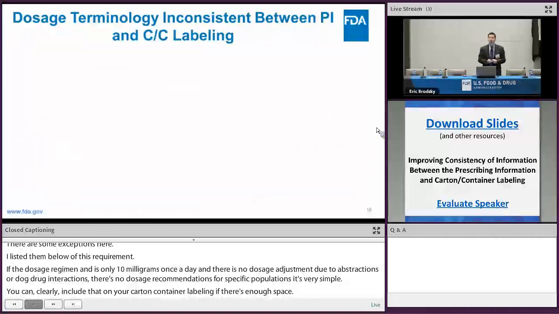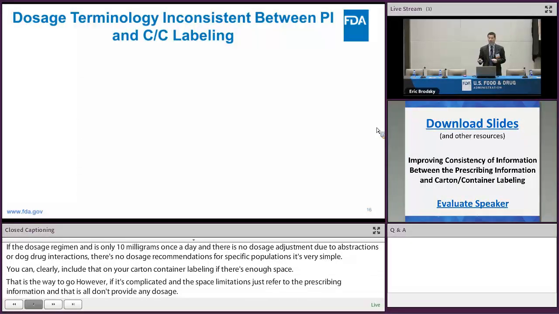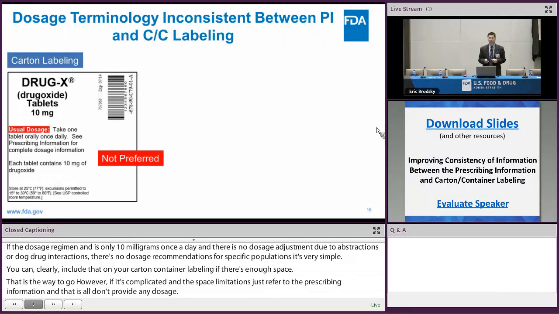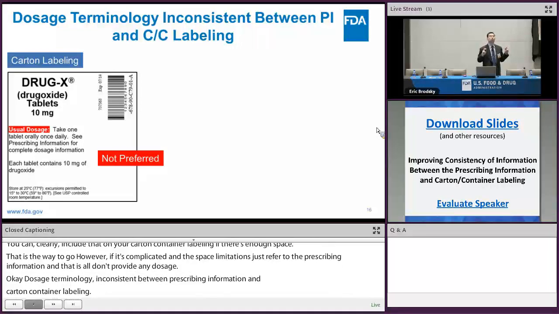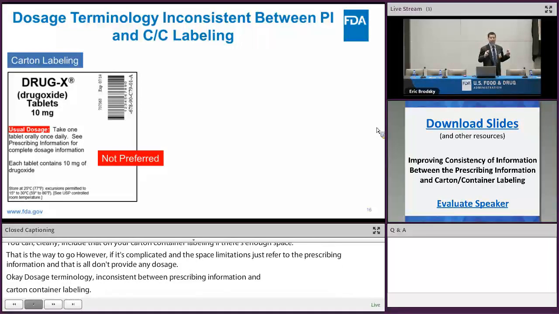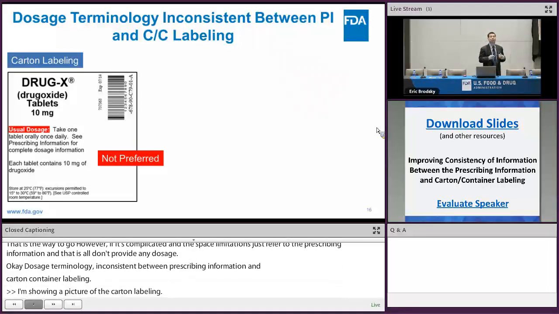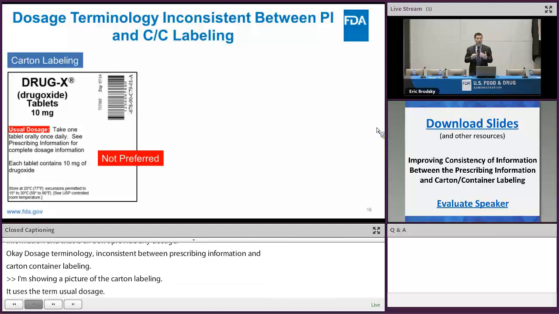Okay, so dosage terminology: inconsistent between prescribing information and carton container labeling. I'm showing a picture of the carton labeling, and it uses the term usual dosage. In general, in my view, that would be potentially a suboptimal terminology with PLR labeling.